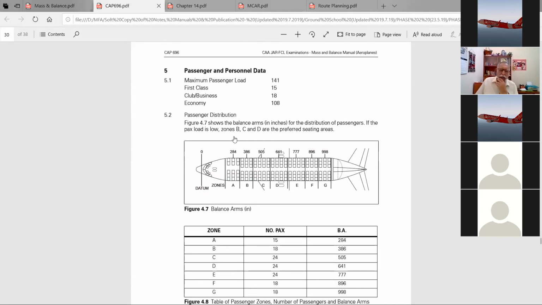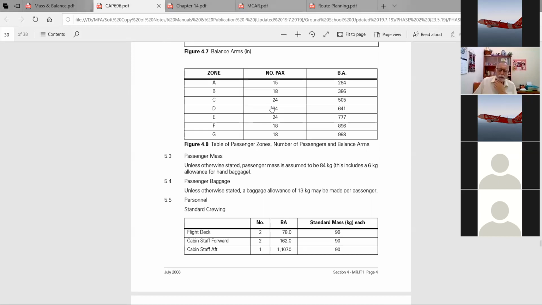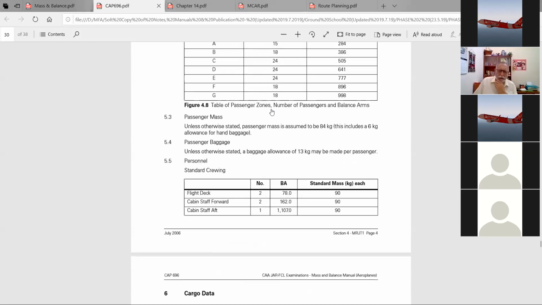And this is just for information, not very much concerned with our center of gravity, but this is the information available. Passenger and personal data: maximum passenger load 141, first class 615, club class, business class 18, economy 108. This is the general structure of the MRJT.